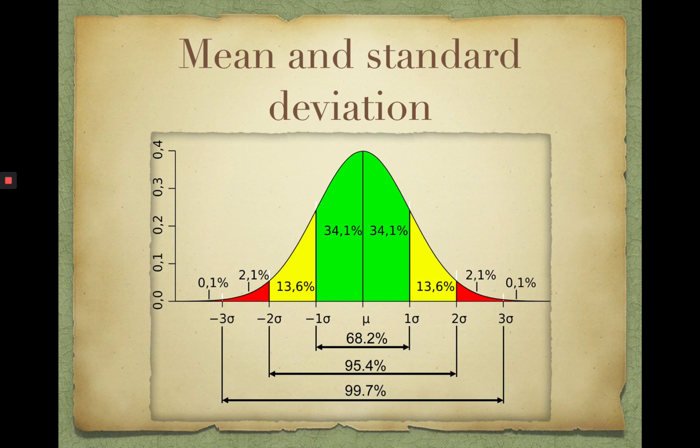The key ideas you should keep in your head here is, roughly speaking, about 68% of your data is going to fall within one standard deviation plus or minus of the mean. About 95% is going to be within two standard deviations, and we usually say about 99% within three.